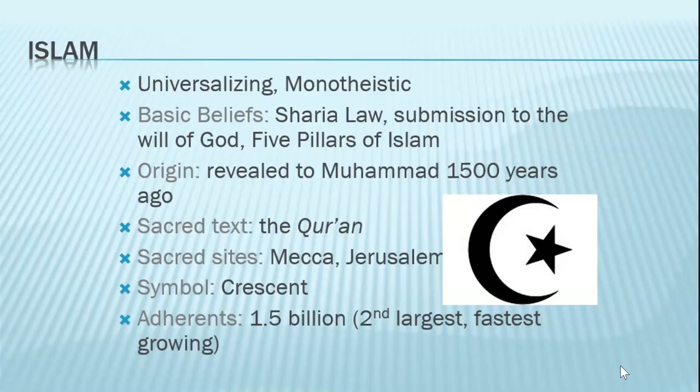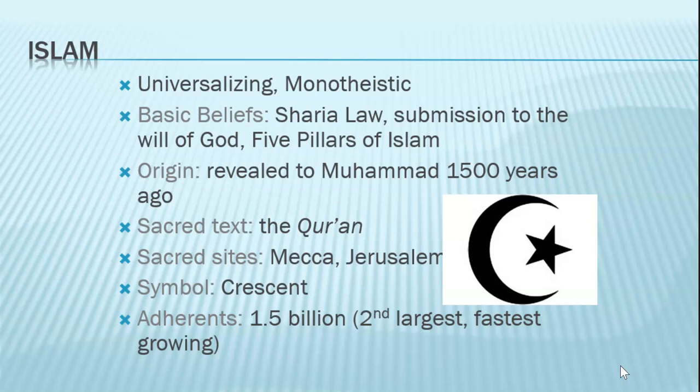All right, Islam is universalizing and monotheistic. Its belief system revolves around Sharia law and the 5 pillars of Islam. In Islamic countries today, Sharia law is the law of the country, which is not something that you see in Judaism or Christianity in modern times. The sacred text is the Quran, and the sacred sites, Mecca and Jerusalem.